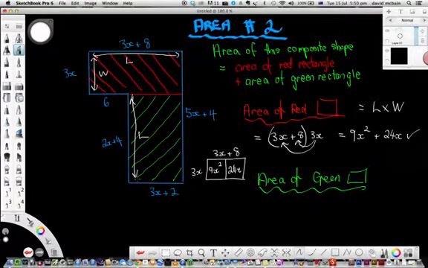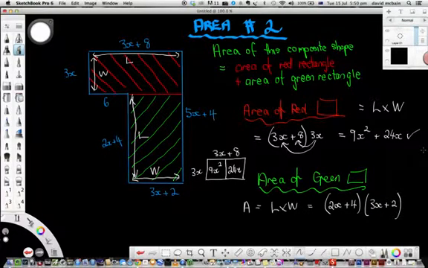And the width of this rectangle is going to be that distance there, which is, yep, you guessed it, 3x plus 2. So the area of that rectangle will be length times width again, which will equal 2x plus 4, put it in brackets, multiplied by, now this time the width is 3x plus 2, so we need another set of brackets there, 3x plus 2.